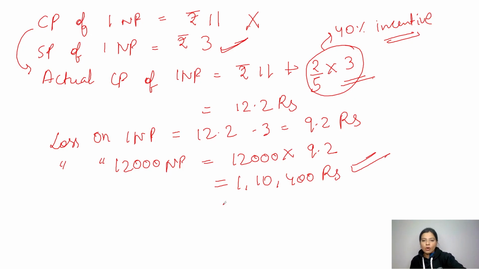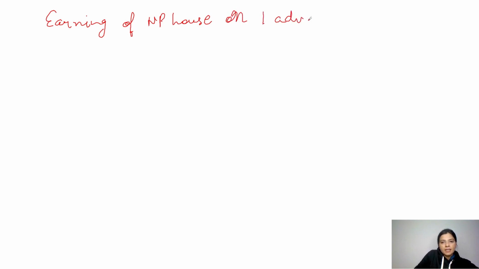Now to cover this loss, you are asked how many minimum advertisement bookings are required. What is the earning on one advertisement? Earning of the newspaper house on one advertisement is nothing but rupees 300. Am I writing this correct?